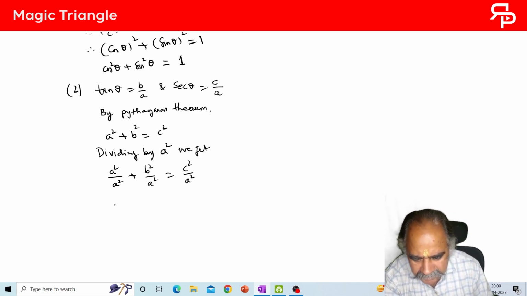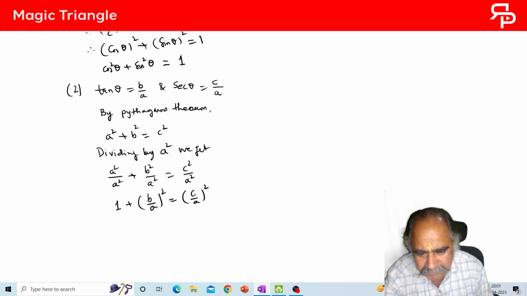Now A square by A square is 1, plus B square by A square can be written as B by A the whole square, and this side C by A the whole square.